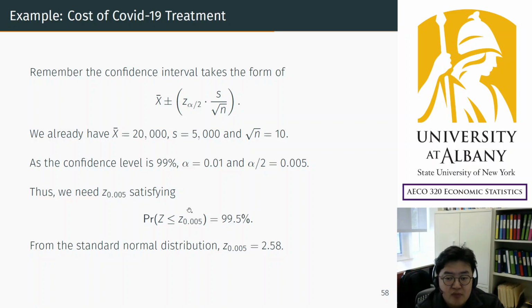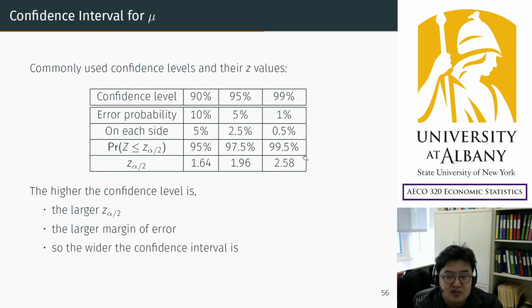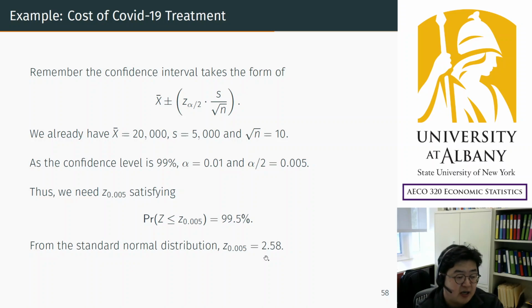So you need to find the value that has a cumulative probability of 99.5%. Okay? Using this table, you may just take this number. So 2.58. You may use Excel, still you'll get the same number. So the approximate number is 2.58.